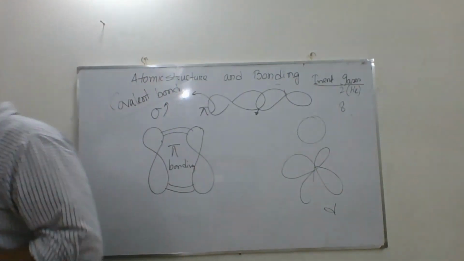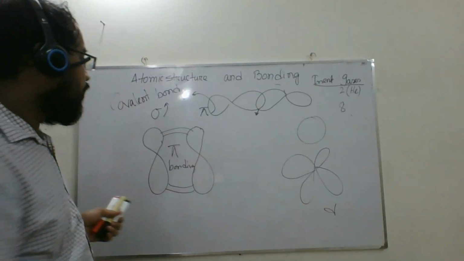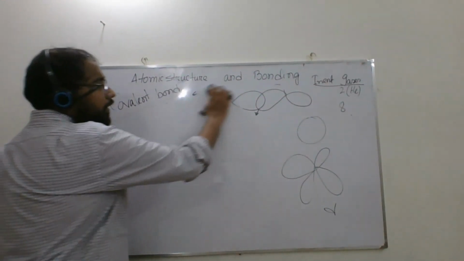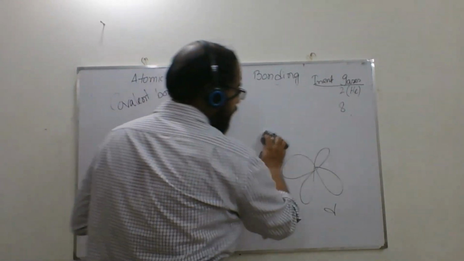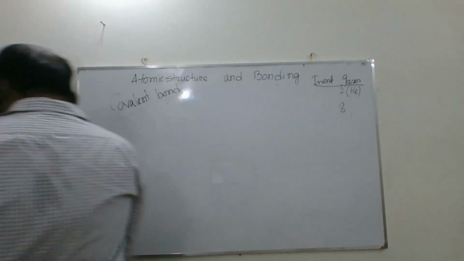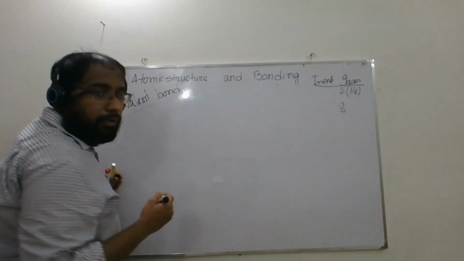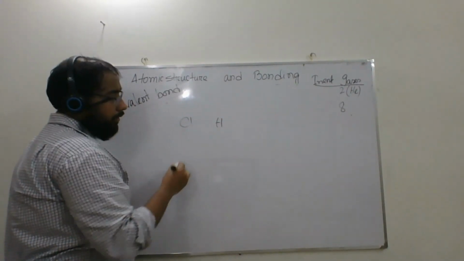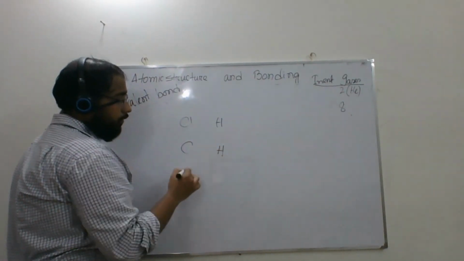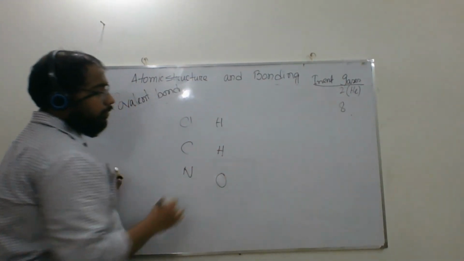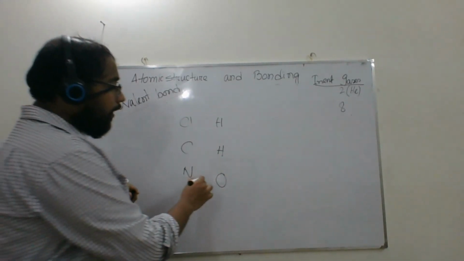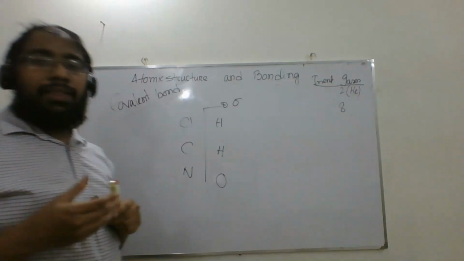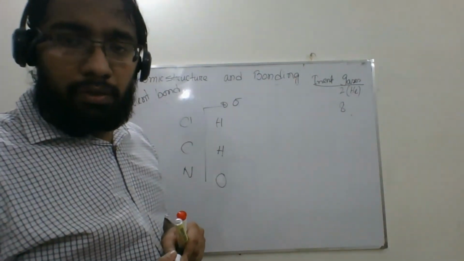Now between any two atoms that are trying to bond with each other, that means if chlorine wants to bond with hydrogen, if carbon wants to bond with hydrogen, if nitrogen wants to bond with oxygen, then there must be one sigma bond, and the rest of the bonds are pi.